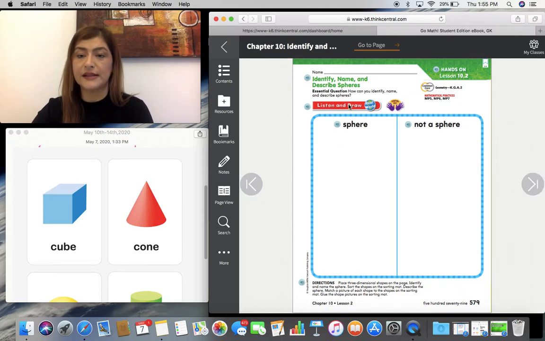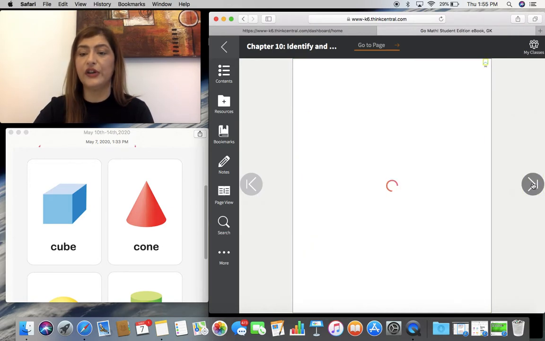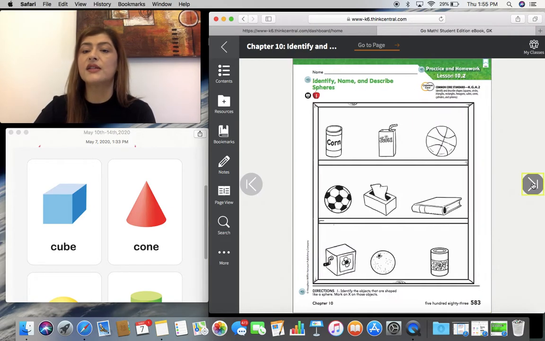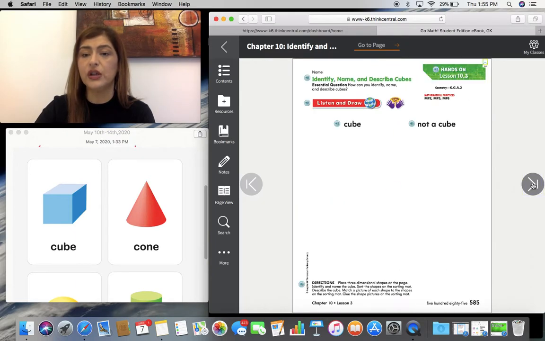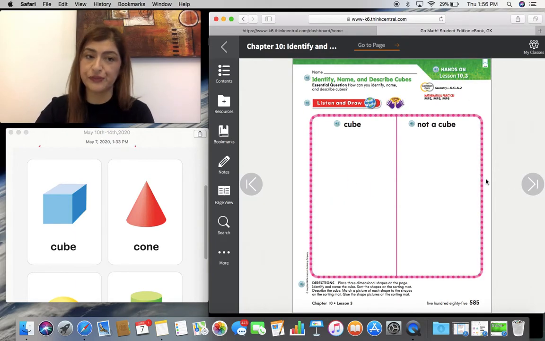In lesson 2, we're going to talk about spheres, and the third lesson for this week is going to talk about cubes. Okay? And I will try and put some sorting picture cards for you that you can print out and play with at home.